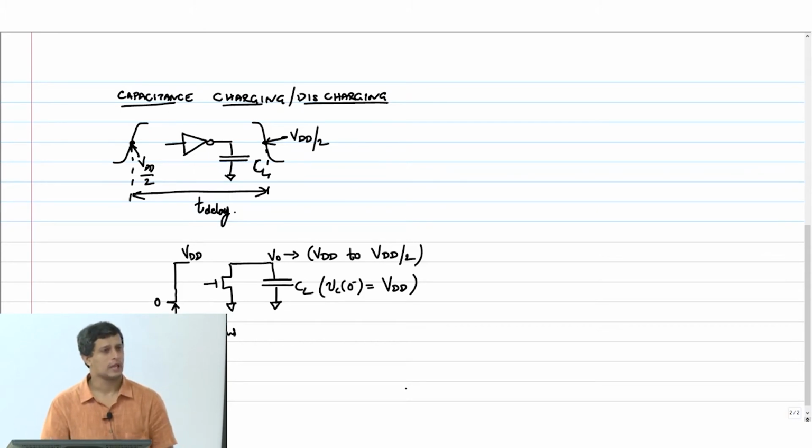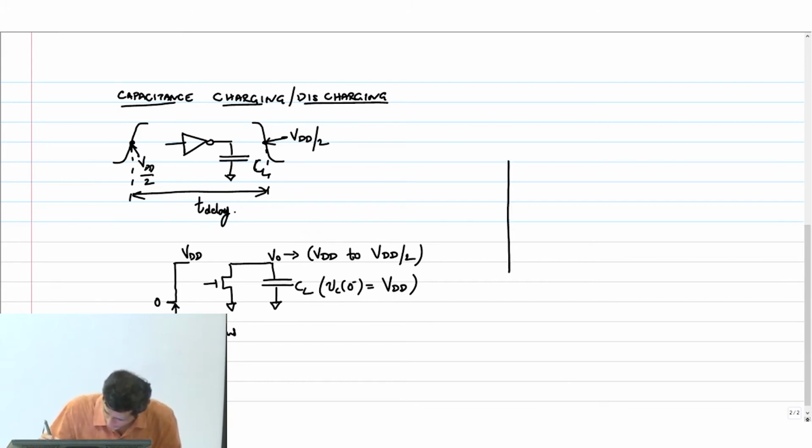So if at 0 plus the gate is at VDD, my V out is also at VDD, right? At 0 plus, just after I turn it on, in what region of operation will my transistor be in? Saturation region or velocity saturation, right? Because VGS is equal to VDD, obviously VDS has to be greater than VGS minus VT. You are removing some quantity from there. Therefore, the transistor is in saturation region. Okay.